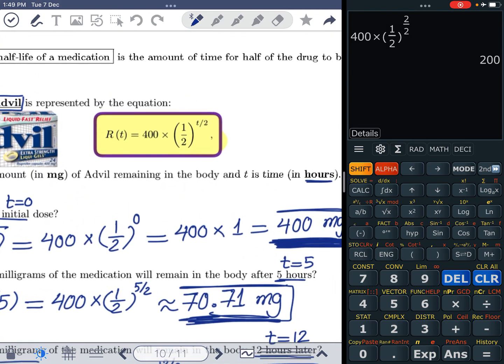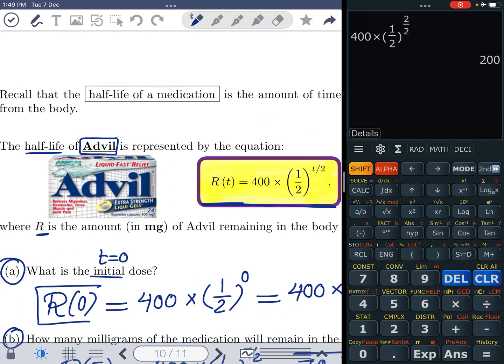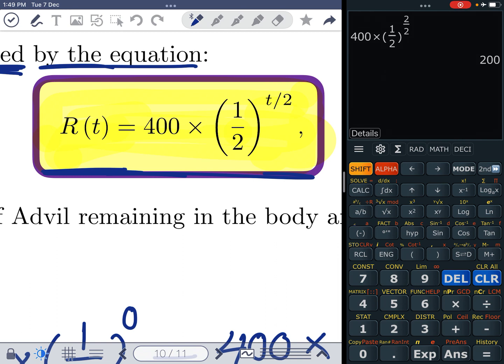Now I want to show you an easier way to do it. If you look here, they told you that the half-life of Advil is represented by this equation. Why did they say it's represented by this equation? Because when they put half as the base, they're trying to make it easier for you to find the half-life.